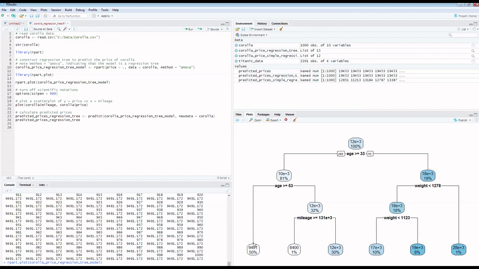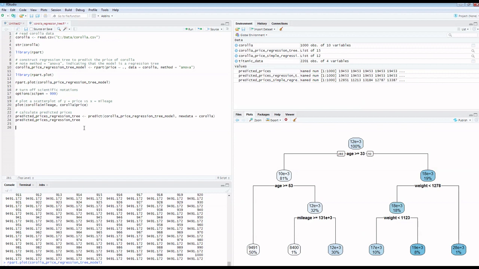That just means that they all ended up here, for example. Half of the cars, 50%, will be older than 53 months, and older, of course, than 33 months, right? And in these cases, my price prediction for all these cars is going to be $9,491. That's why you see all these values the same.